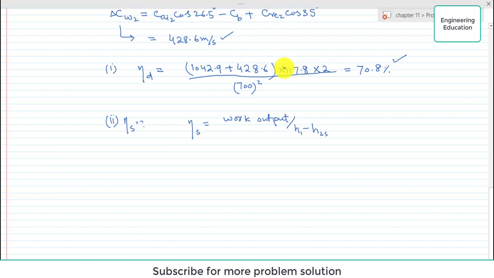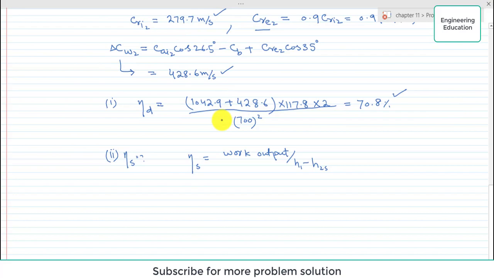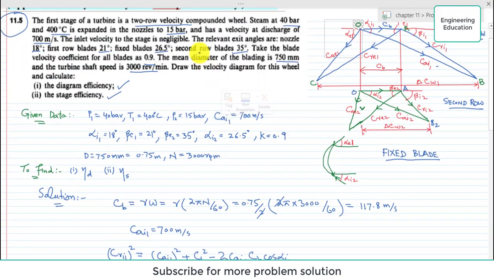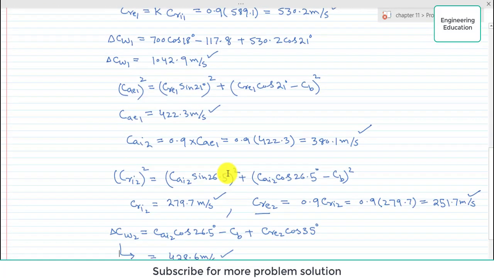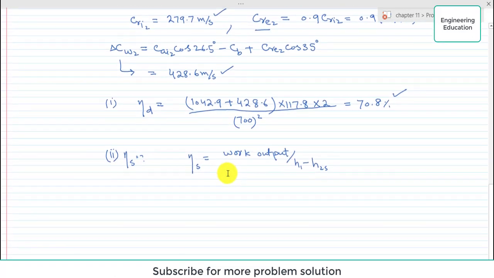We get the work output from this. But to find the value of H1 and H2S, we will use the steam conditions at inlet. So to find H1 from the steam tables at 40 bar and 400 degrees centigrade, we will visit steam tables. So from there we can note the values of enthalpy.